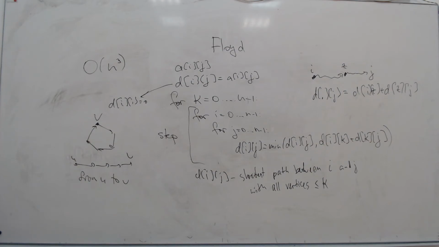So how much memory does this algorithm use? Is it n? No, we want to calculate from each pair to each pair. What are the sizes of D?